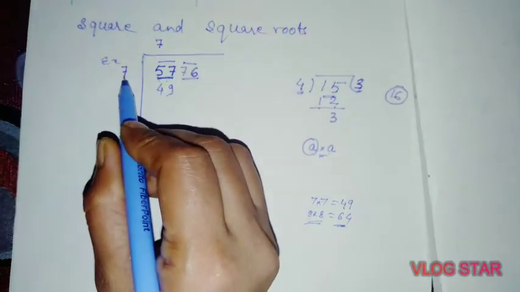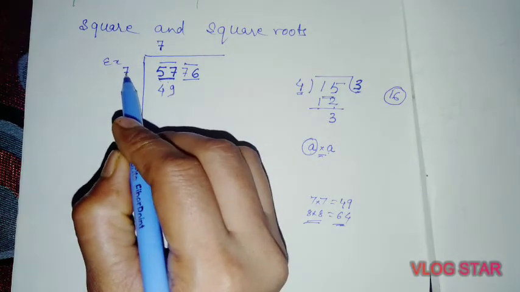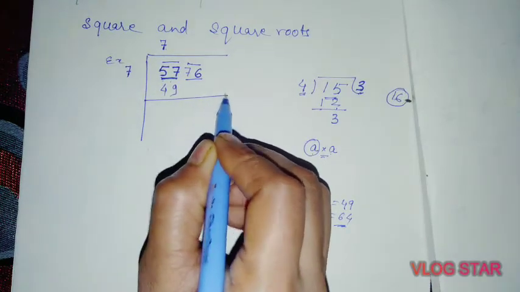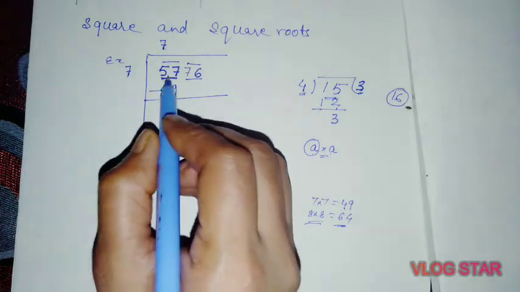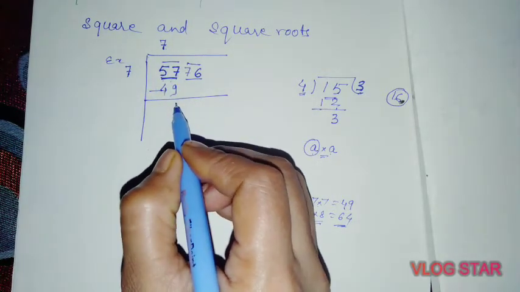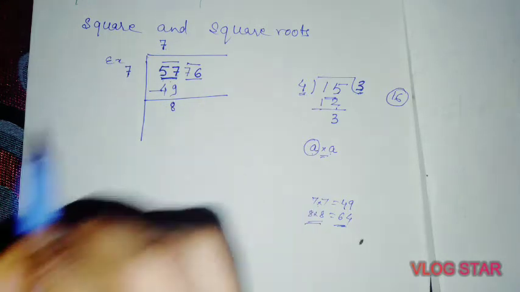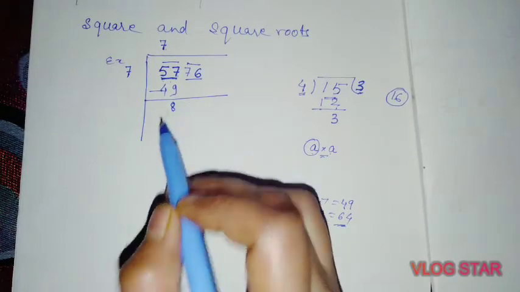Whatever number you write here, the same number you have to write as the quotient. Divisor and quotient are both the same. Now you have to subtract it. Subtracting, 17 minus 9 is 8. On subtracting we get 8 here.